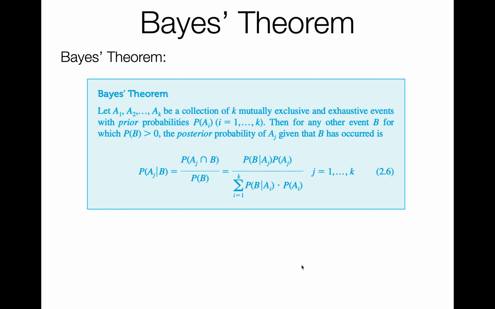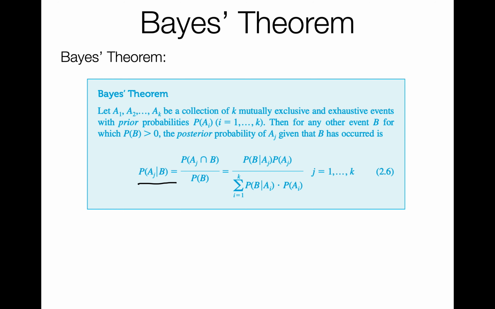So we can get at the probability of A sub j given B, which is equal to the probability of A and B. So simple conditional probability here.